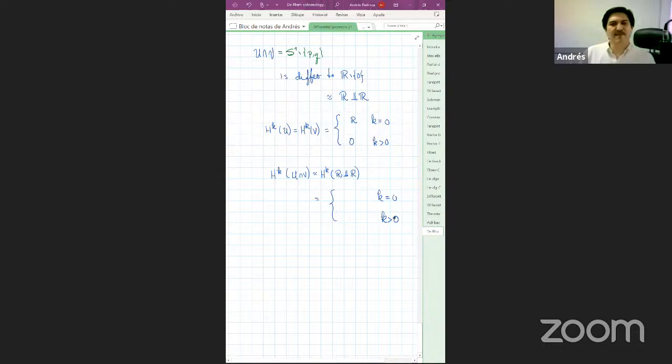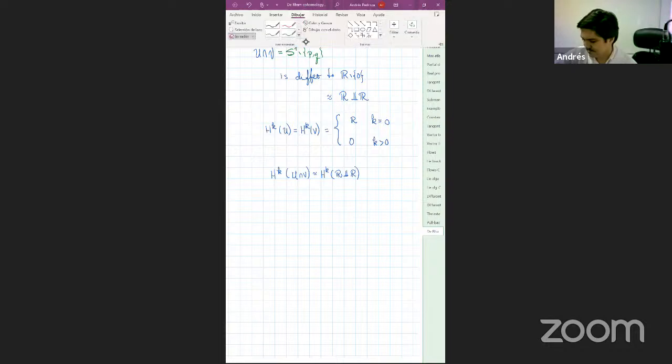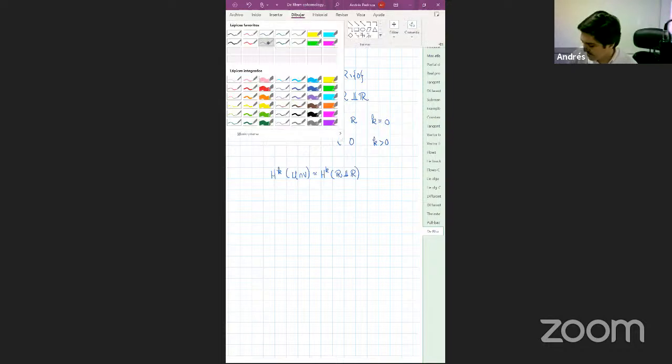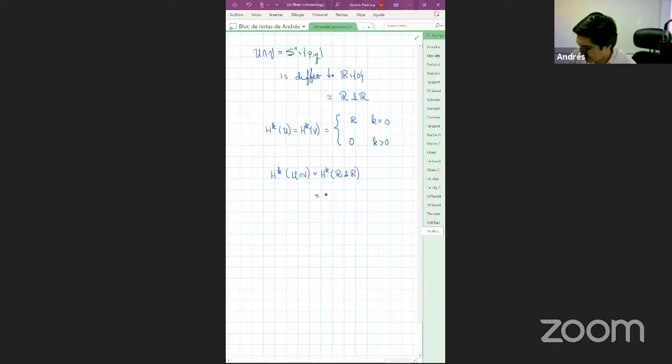I mean, you have a manifold that is not connected. You have 2 components. So basically, one component doesn't see the other component, so this is separate.